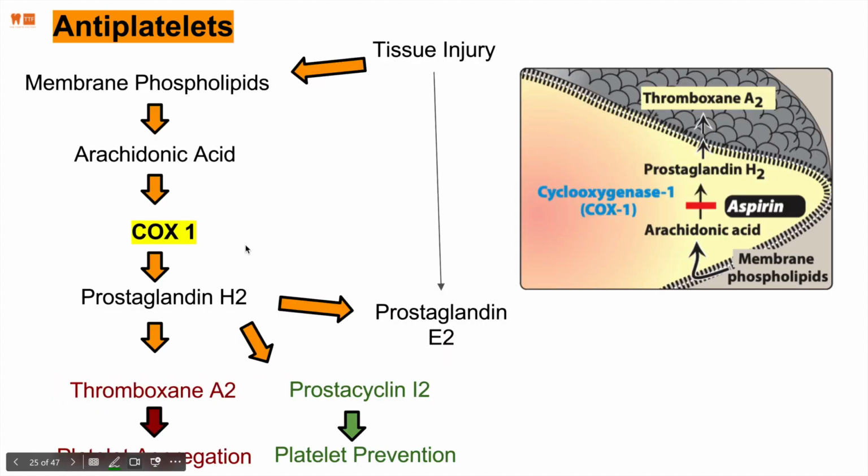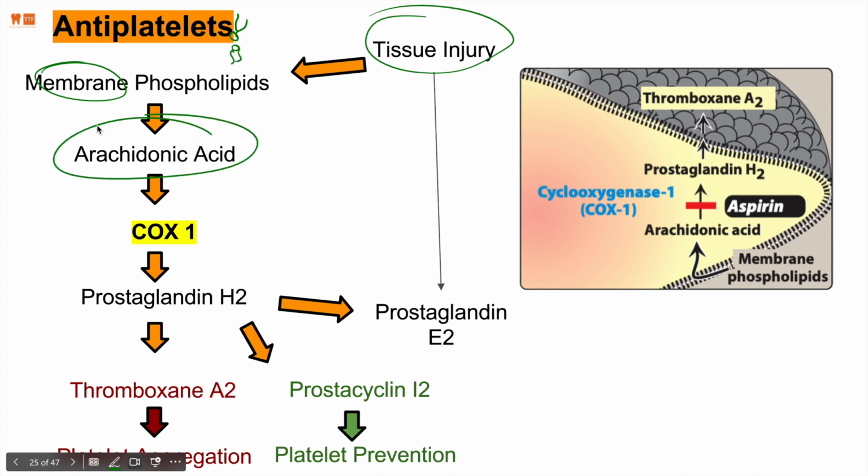Well, what does aspirin do? We talked about other antiplatelet drugs, but here's aspirin, you guys. In antiplatelet activity, we have a tissue injury. Tissue injury occurs at membranes. Remember the phospholipid bilayers that we used to talk about? Those release an acid known as arachidonic acid.